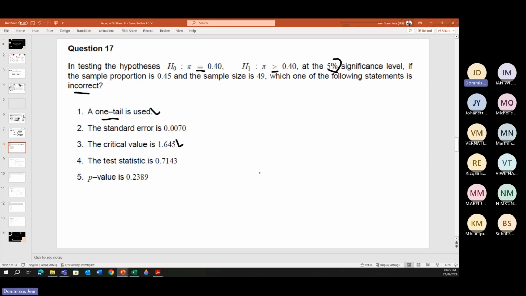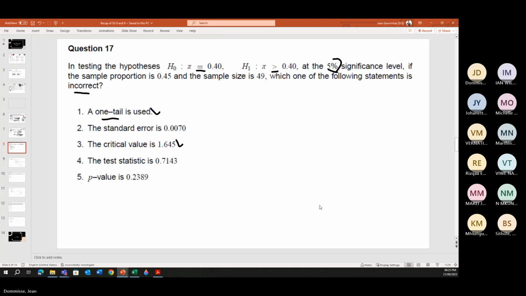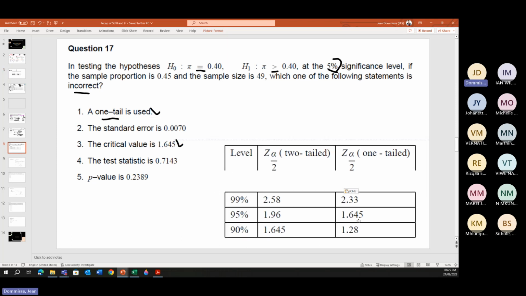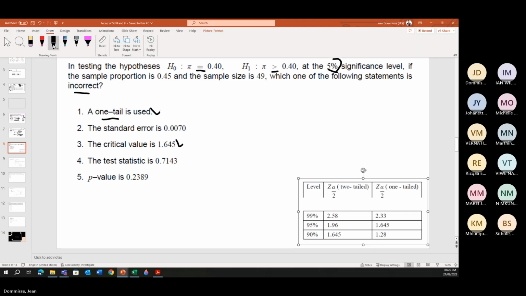Okay, so I haven't calculated anything yet. Just by using this table and the direction, we already got two answers. Then they ask us to work out the standard error.